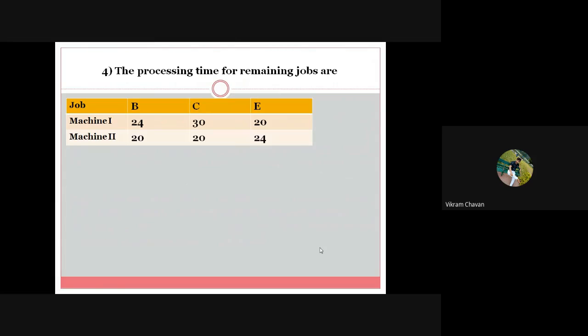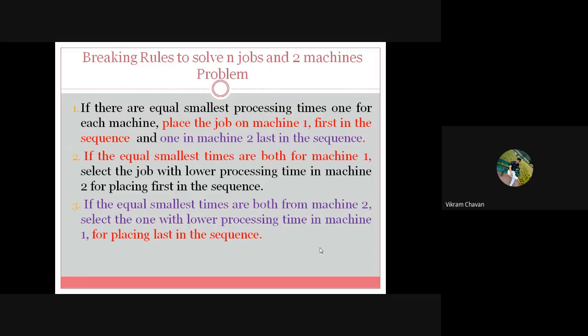आता आपली सिच्युएशन काय आहे, मशीन 2 वरती दोन जॉबचं टायमिंग सिमिलर मिळालेलं आहे आणि ते लोएस्ट प्रोसेसिंग टाइम आहे. सो इन दॅट केस वी नीड टू अप्लाय this third number rule.